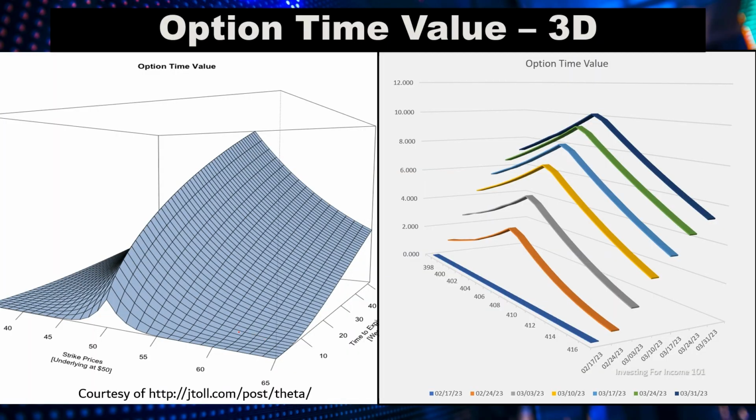So here are a couple of charts. These are three-dimensional charts. The chart on the left comes from the Black-Scholes model, and it's for some hypothetical stock with a value at 50. And we can see the typical parabolic decline of the time value for at the money options.